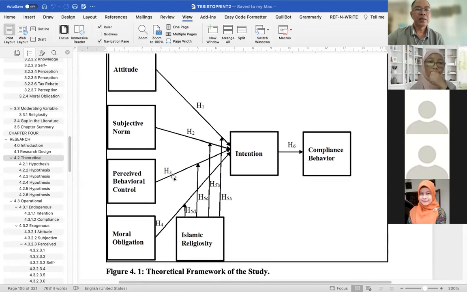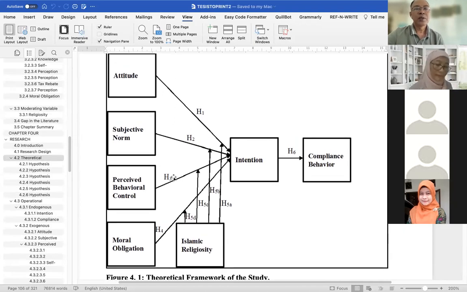So that is another thing that your supervisor will check. Okay, so here you have attitude and you have intention.